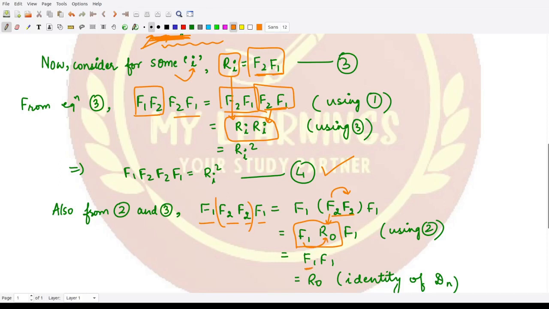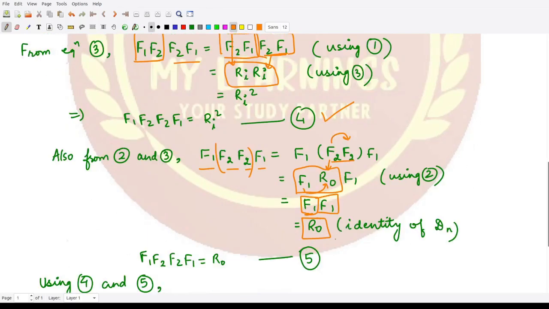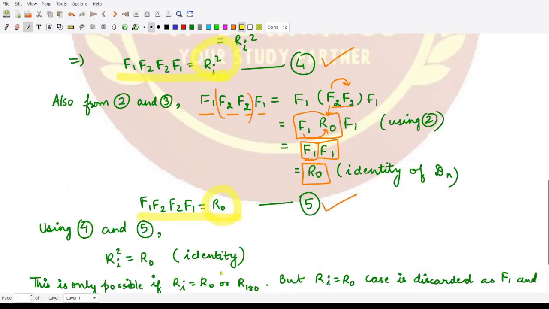Again, any reflection followed by itself gives you the original position back, so it gives you the identity rotation, which means you are doing nothing to it. So from here we obtain this as equal to R0. When you compare equation 4 and equation 5, you can see that Ri square is equal to R0. And what is R0? It is the identity element.